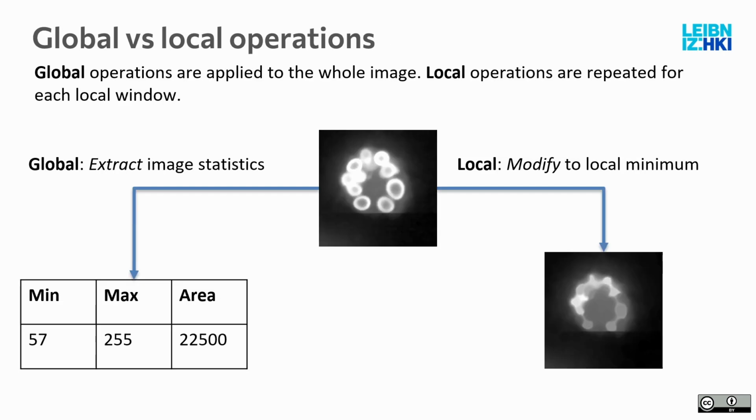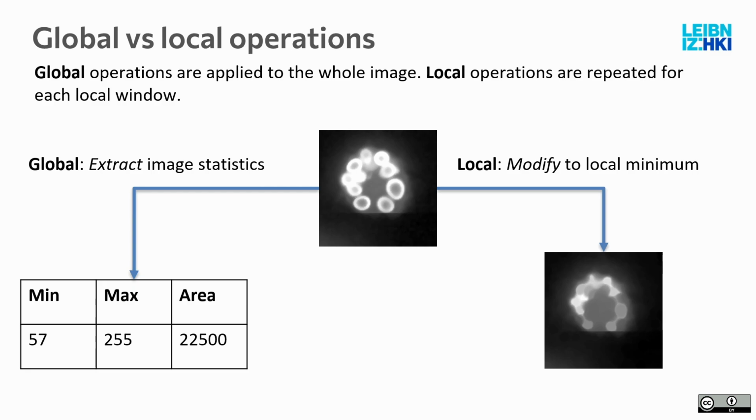First, there's a big difference between operations that work on the whole image, which I call global operations, and ones that are local, which work on a local window. Don't worry, I will show exactly how these look. Global image operations, for example, extract image statistics. ImageJ can do this for you very easily.